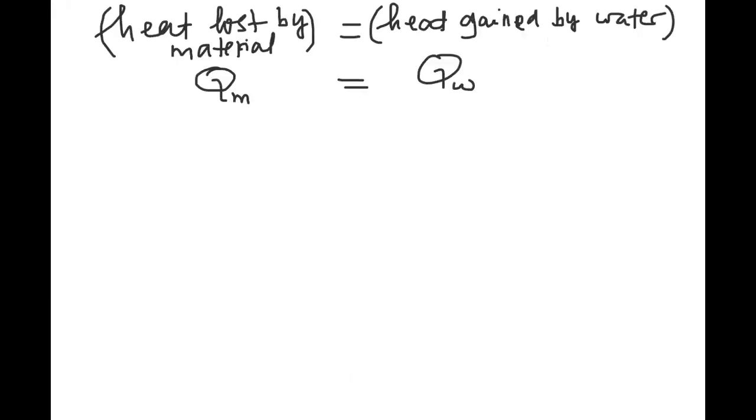There is a connection: if I want to find the amount of heat energy lost by the metal, I have to multiply the specific heat of the metal times the mass of the metal or material, then times the change in temperature.